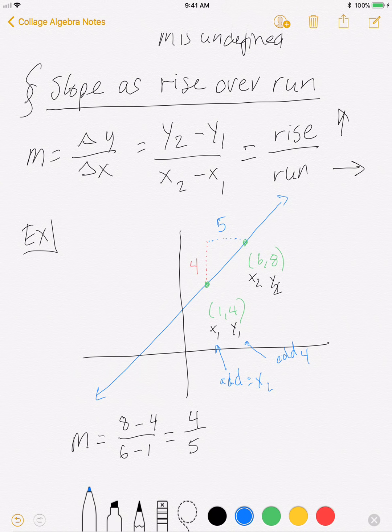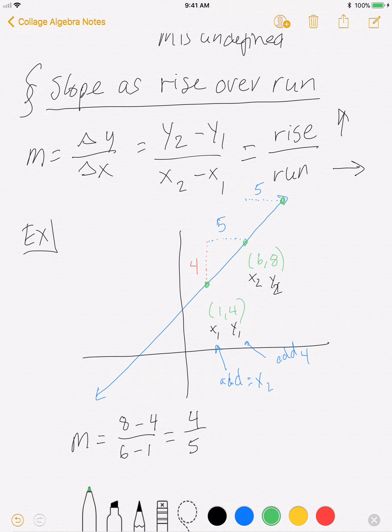The nice thing is that the slope is a constant for all lines, and so therefore I can automatically find the next point on this line. The next point, according to the slope on this line right here, would be the point where I would have to add 5 to the x values.